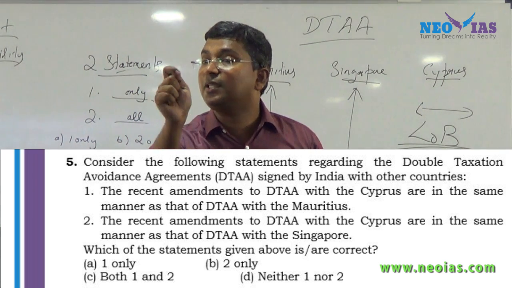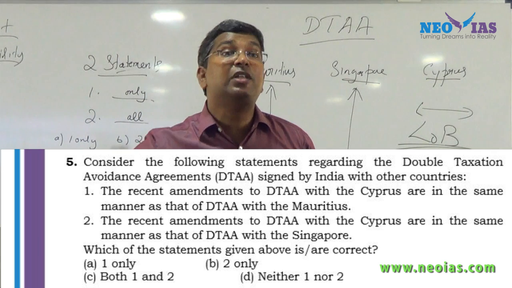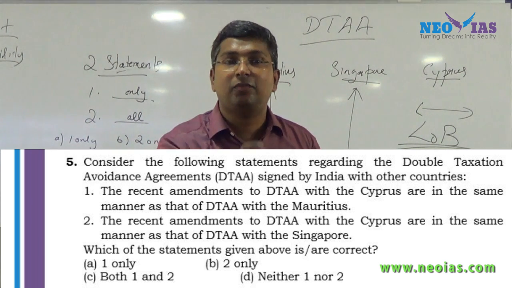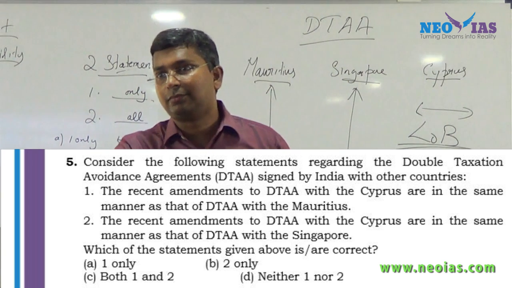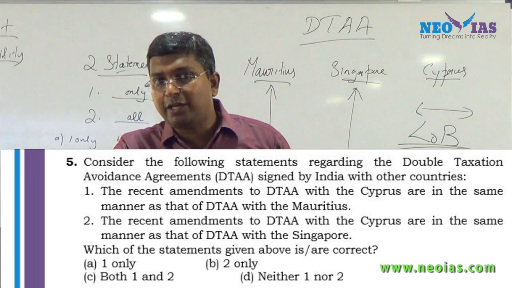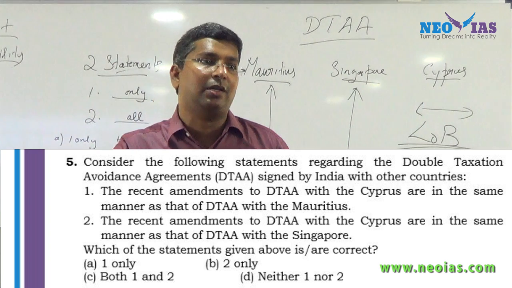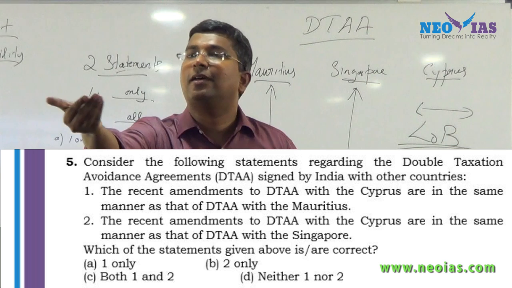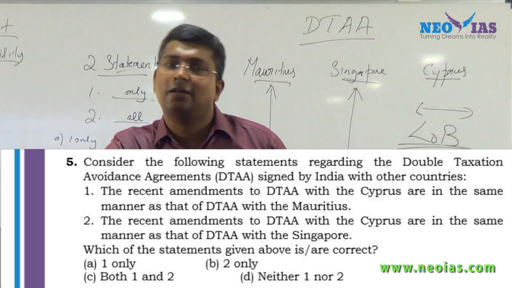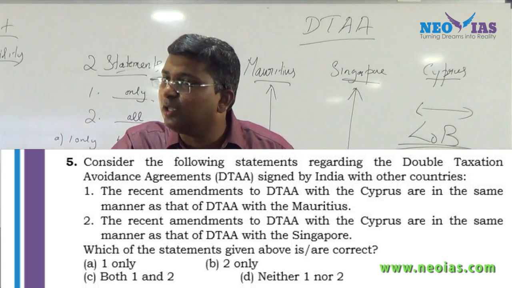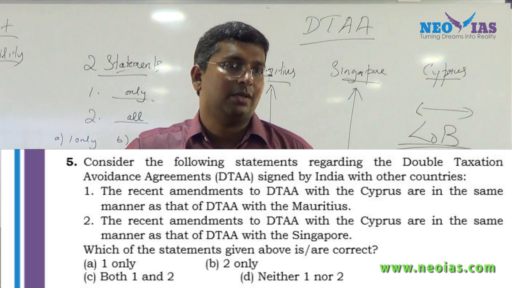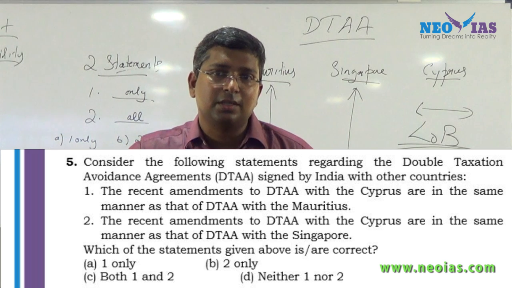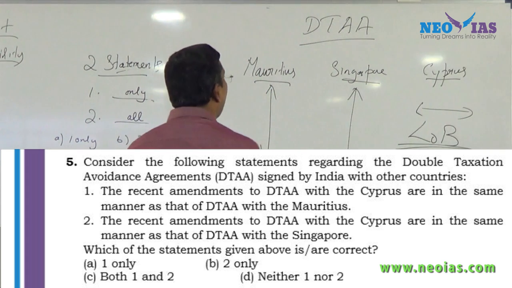Before giving you the 50% tax discount, we will check your investment and find out whether it is a genuine investment or not. If it is genuine, then 50% tax, otherwise full tax. That provision has not been given to Cyprus. But the grandfather clause is given to all 3.